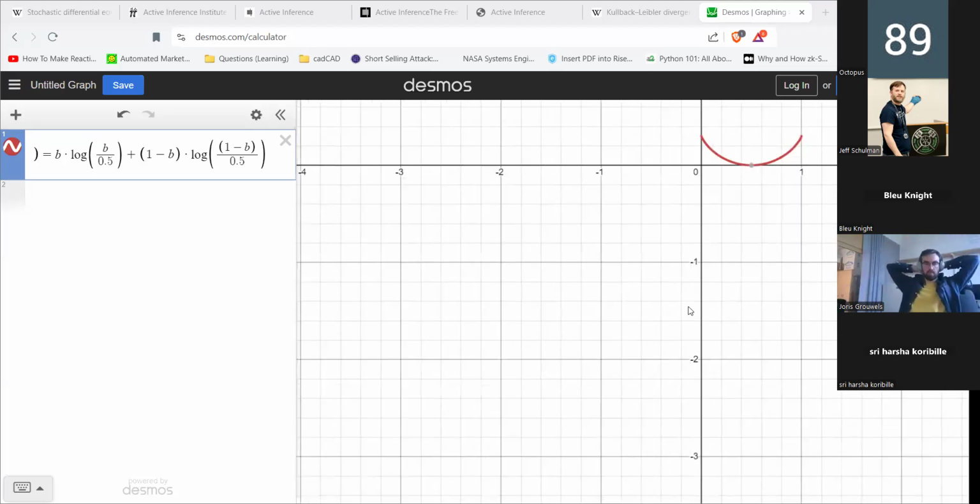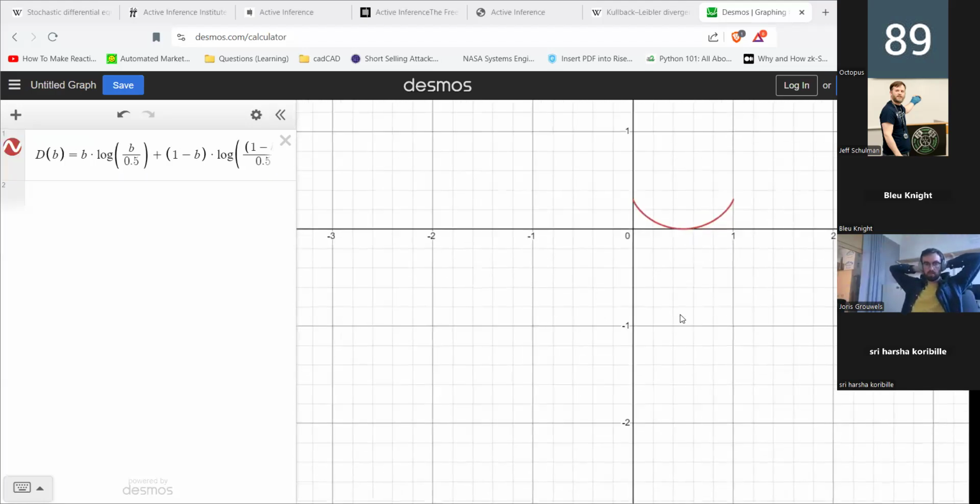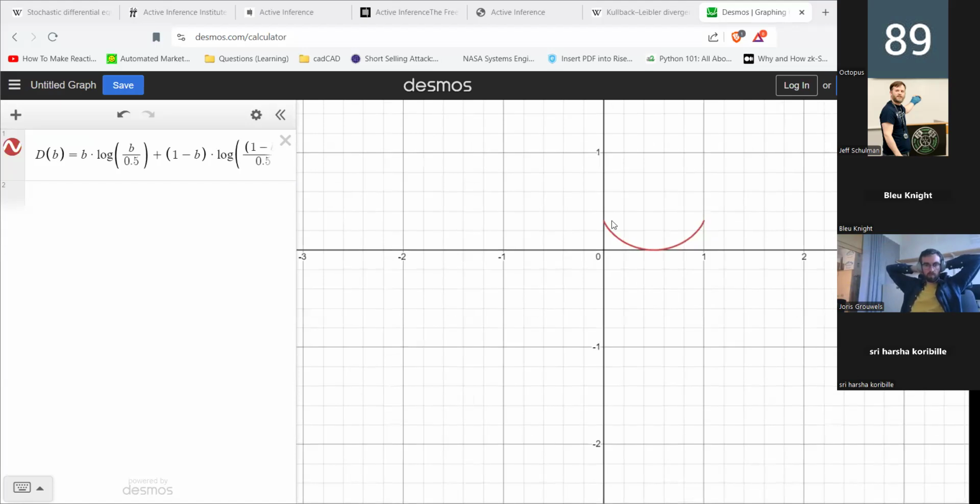This is what it looks like. It's concave up, symmetric about 0.5. Maximum value for this base of logarithm, you have to take a limit. Looks like it's approaching 0.29, maybe 0.3.